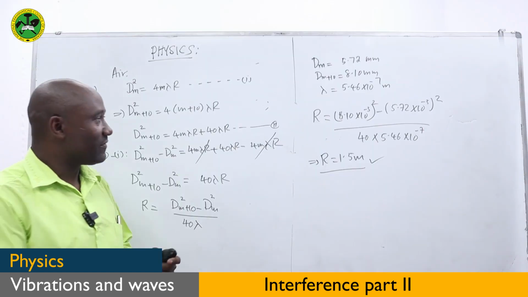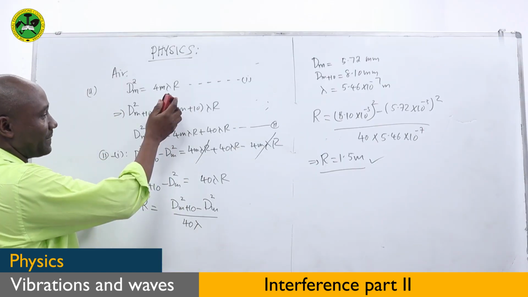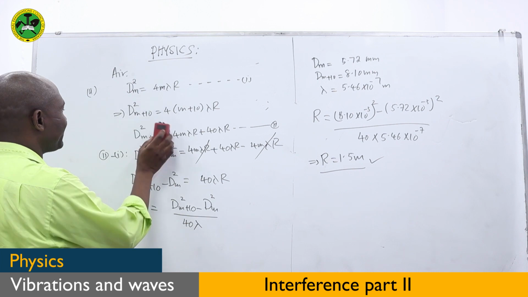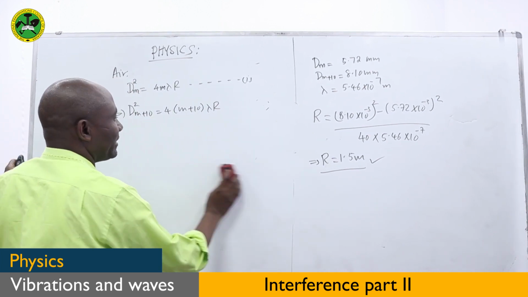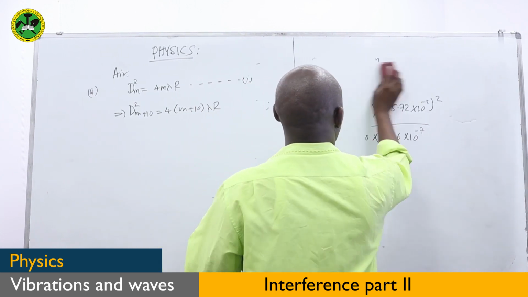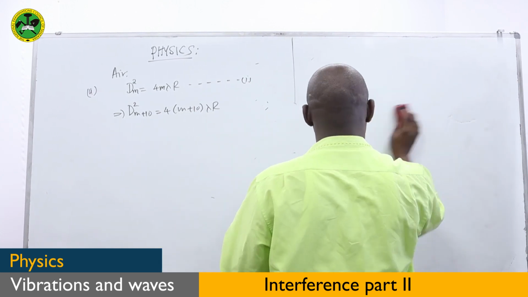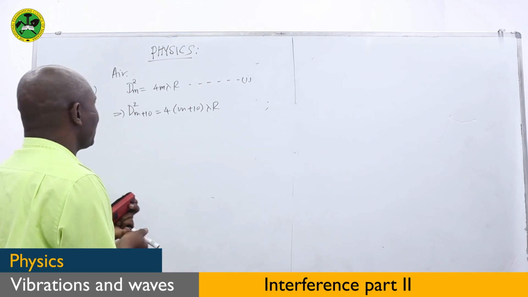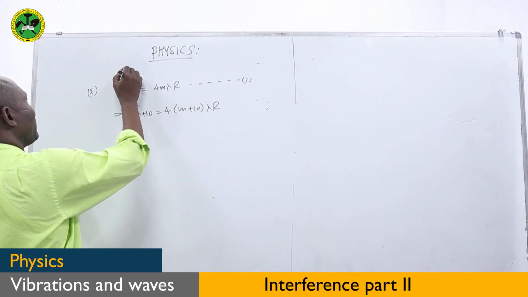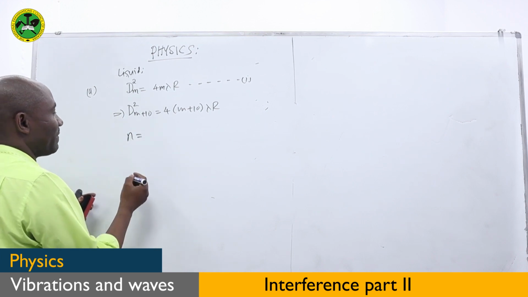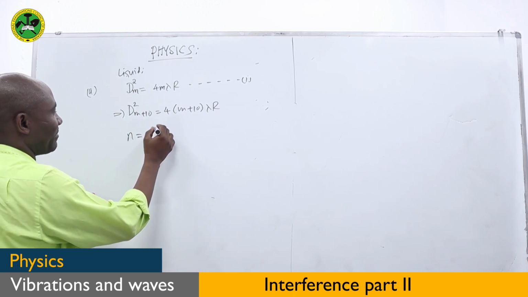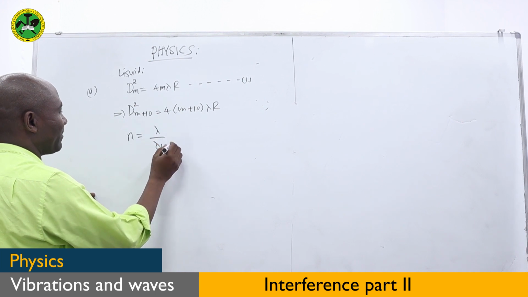If you're looking for the refractive index, this was in air. Let's talk about the arrangement now in liquid. Suppose the liquid is introduced between the two materials. We know that the refractive index of the material is given by λ in air over λ in the material.